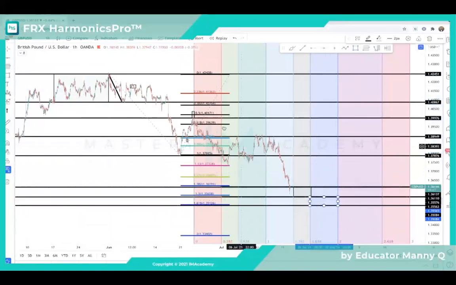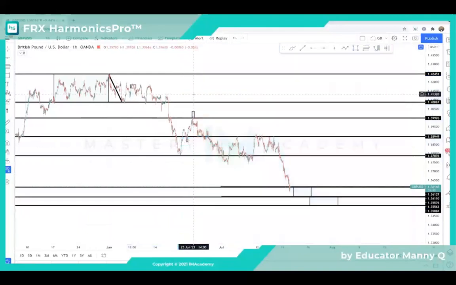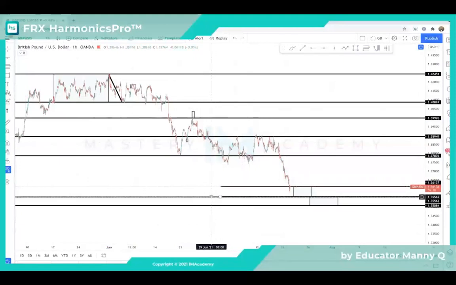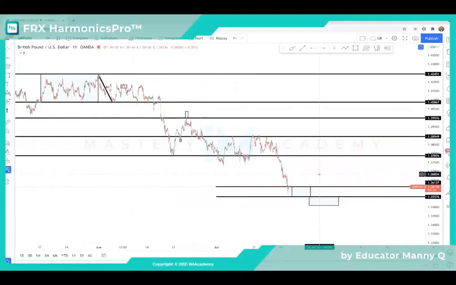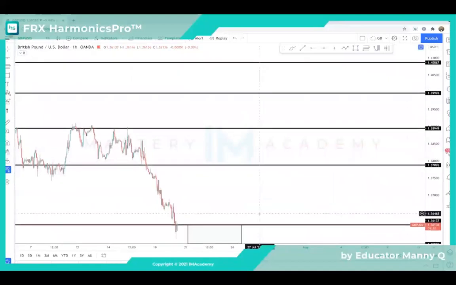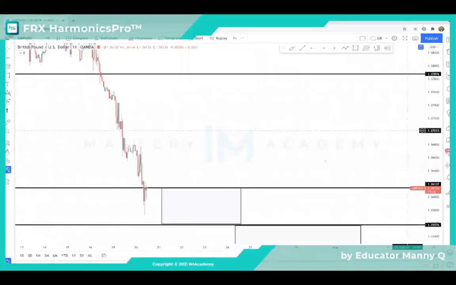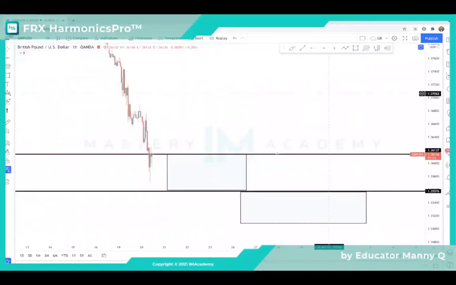Okay. So based on time and price analysis, ladies and gentlemen, looking at the current GBP USD market, because I know some people wanted some real-time examples, this would tell us that these are the two price zones where we ideally want to see a price reversal.